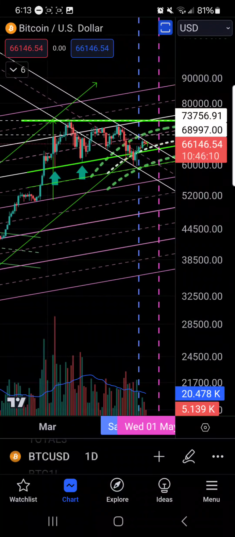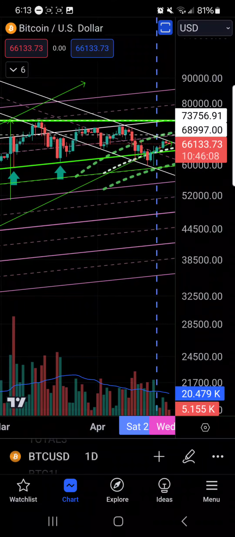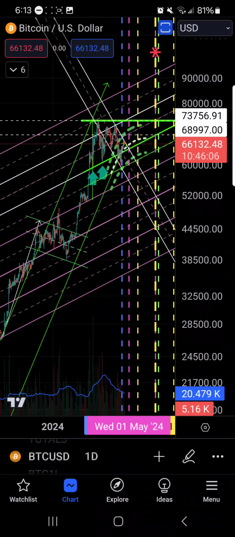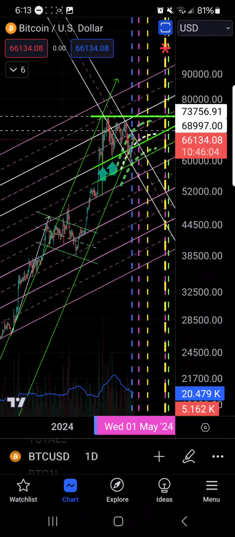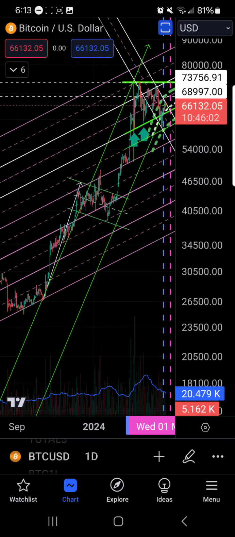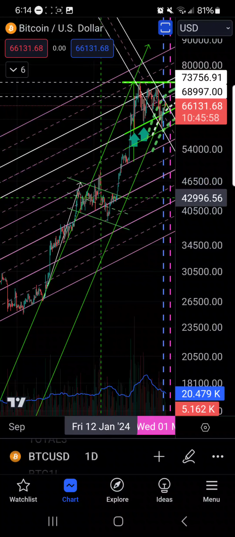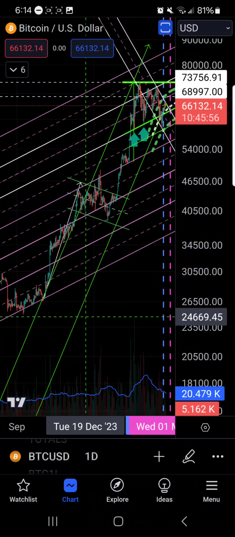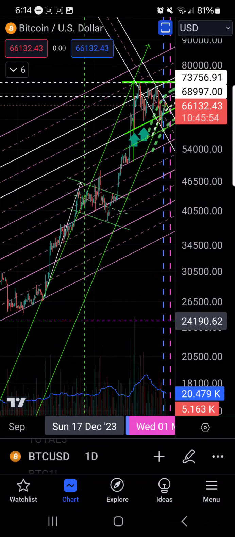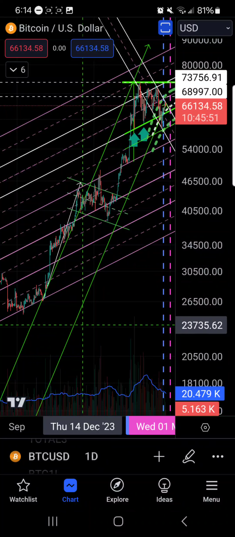Now, I have these two new green lines here, kind of making a channel. I haven't really finished this, but this bottom green line here represents the current symmetric triangle that we are trading in and are about to make a decision with.